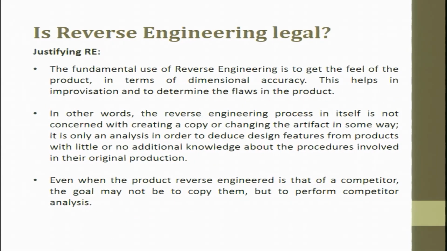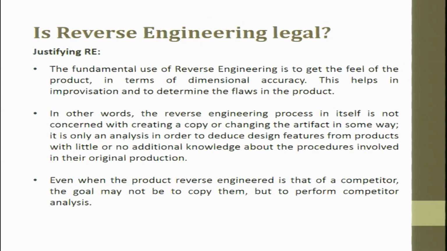So, the justification of RE, the fundamental use of RE, is to get the feel of the product in terms of dimensional accuracy. This will help in improvising and to determine the flaws in the product. In other words, the reverse engineering process itself is not concerned with creating a copy or changing the artifact in some way.